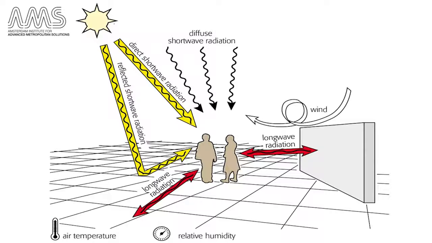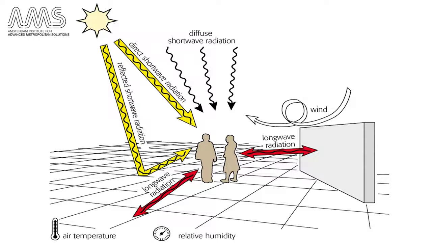But of course, we do not feel sun, shade and wind separately from each other. Our temperature sensation depends on different factors. Shortwave radiation from the sun and its reflection from urban surfaces, and of course whether you enter a shaded place or not. So that is how you normally feel the influence of the shortwave radiation from the sun.